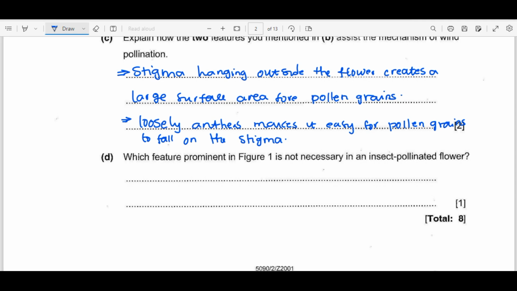Now question D. Which feature prominent in figure 1 is not necessary in an insect pollinated flower?